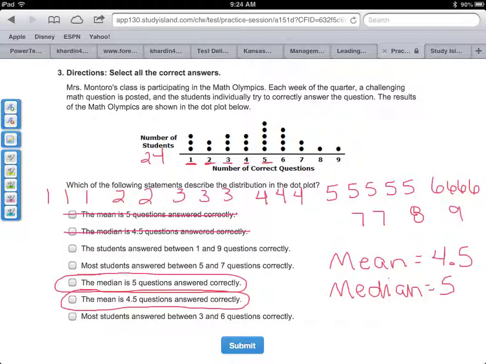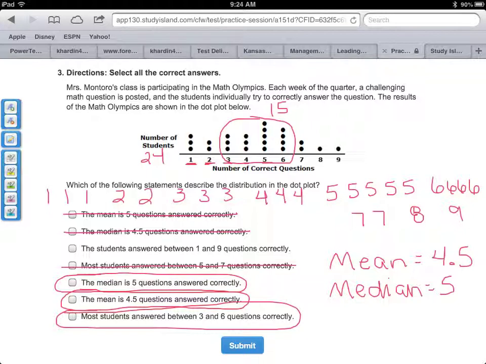It says most of the children answered, actually it's between 3 and 6, because if you look right here and we count how many children are in there, 1, 2, 3, 4, 5, 6, 7, 8, 9, 10, 11, 12, 13, 14, 15 students answered between 3 and 6. 15 is more than half of 24. So most of the children, the majority, answered between 3 and 6 questions correctly, so that would be this one, not this one.